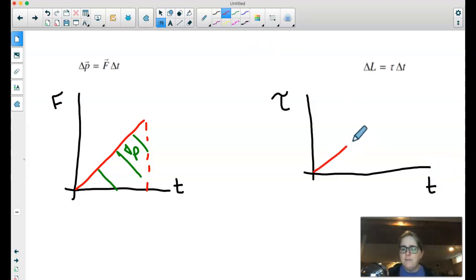And so if I make a graph of torque versus time, and I find the area of that graph, that area will be the change in angular momentum. And we can again get to that idea from the equation, because if we had a constant torque, the area of that graph would just be torque times time.